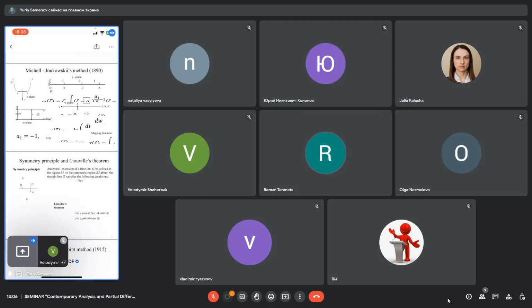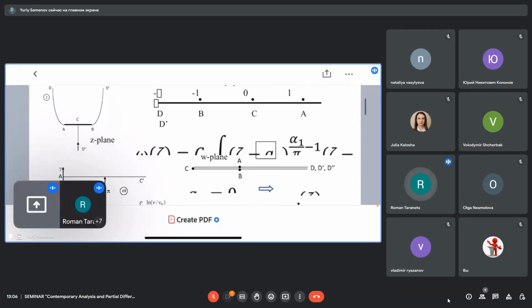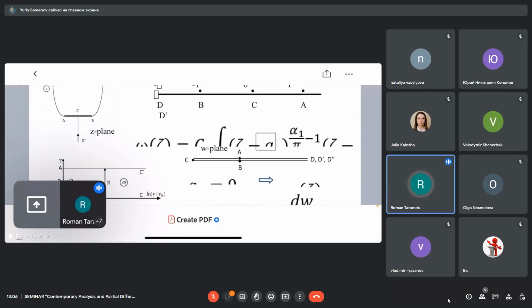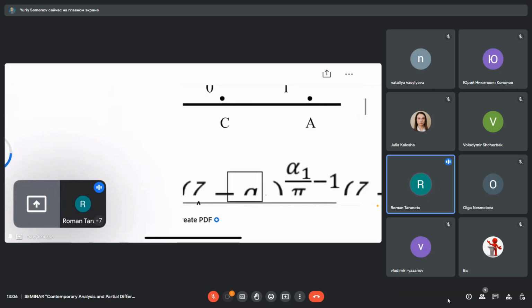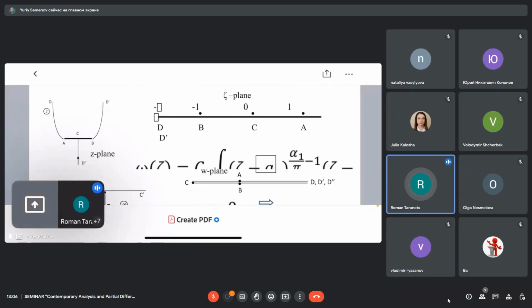Excuse me, we cannot see anything. No, because your screen is very, very small. I cannot see anything, but there is some corruption. Sorry, you can share your screen in full screen because it's very small.